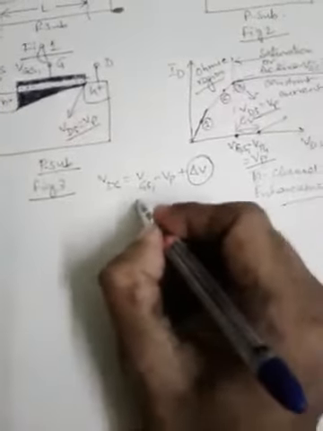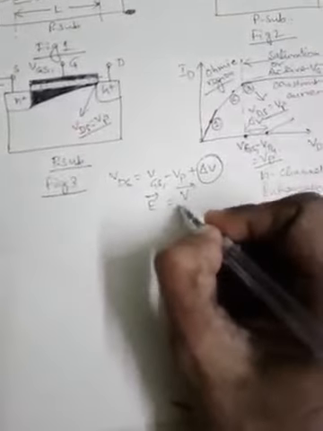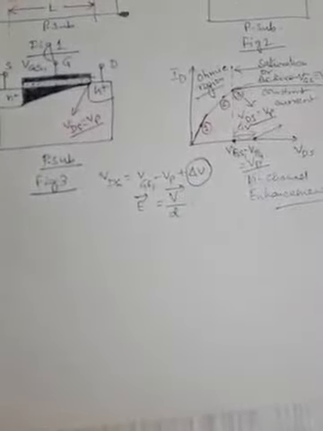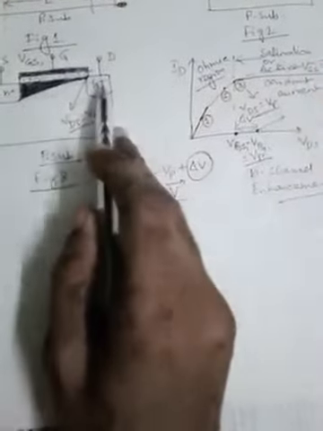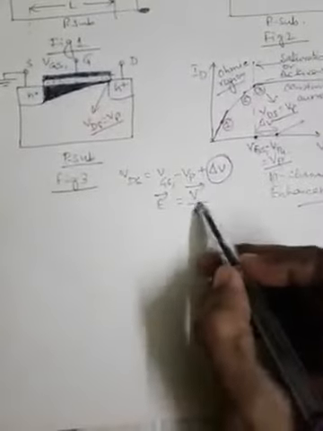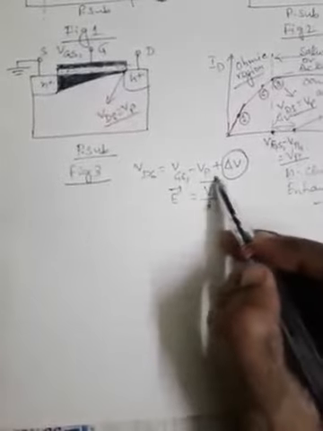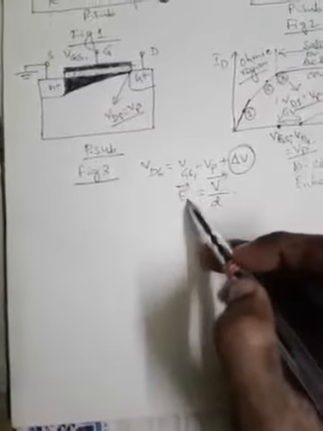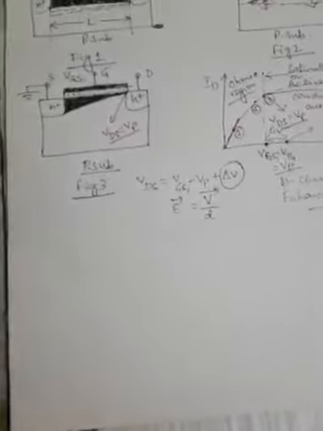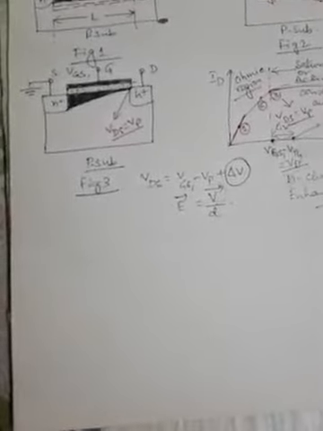As a result of that, we know that the electric field is nothing but voltage divided by the distance between the two points within which the voltage is being applied. The two points are the two terminals, source and drain. Between them the electric field will be created, and this additional voltage will be added to this existing voltage VGS1 minus VP, and that will increase the electric field between the source and drain terminals.